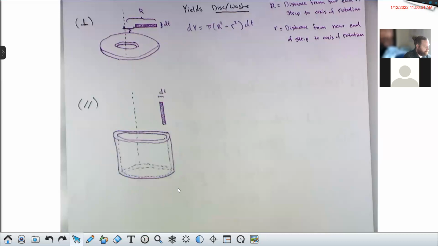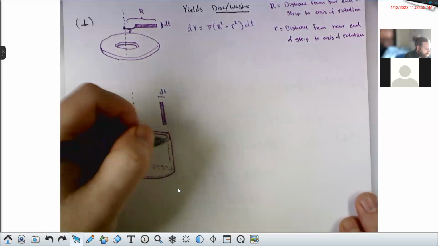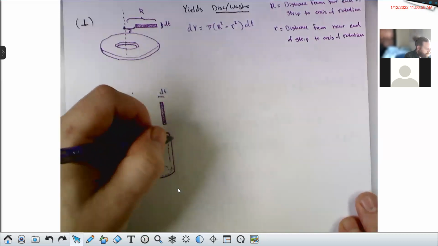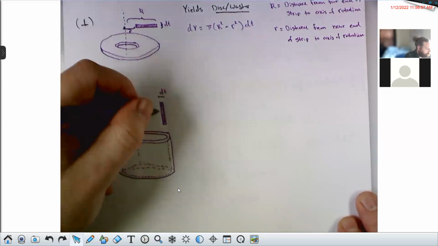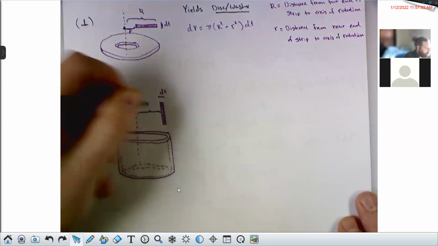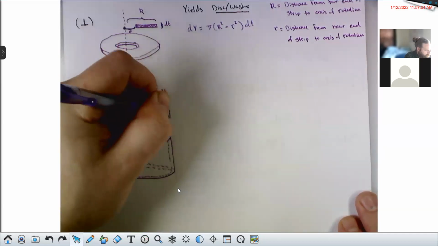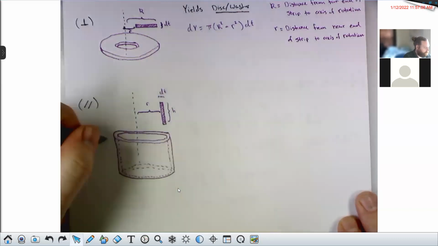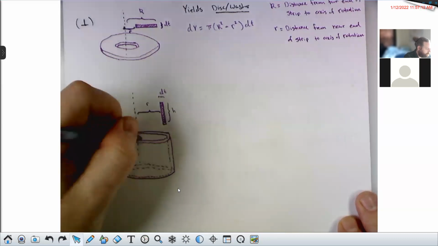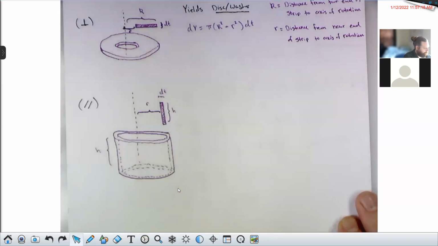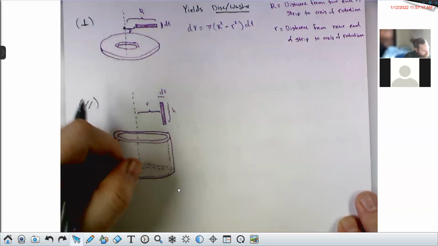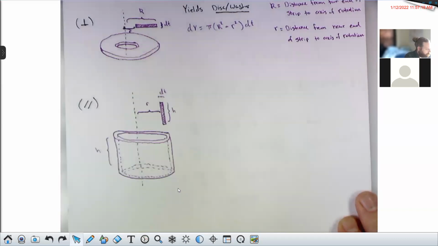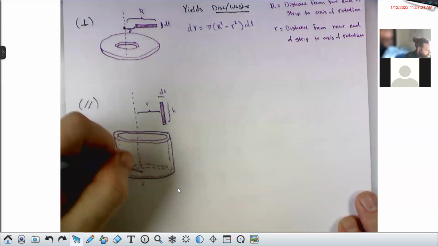And the trick to that is to observe that this has a height and it has a radius. The radius is this distance and the height is this distance. That yields this height, and a little cylindrical shell with radius like this.